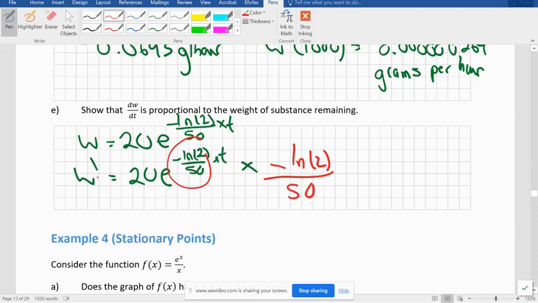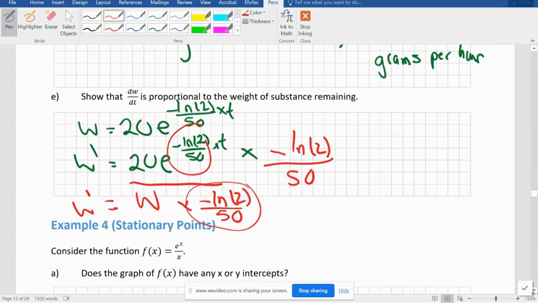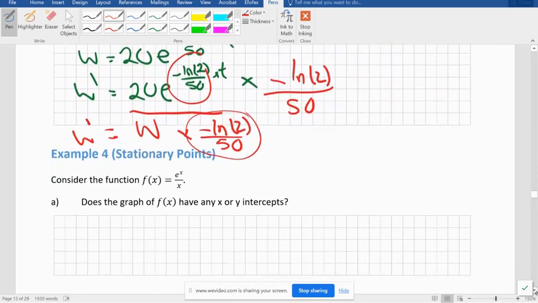So you just need to realize that W'(t) is actually the same as your original, so we'll call it W, and then we're just timesing it by this constant here. So that's what we mean, it's proportional. Proportional means that, like I said, it's exactly the same with some sort of, well, we could say dilation, some sort of multiplying factor there.